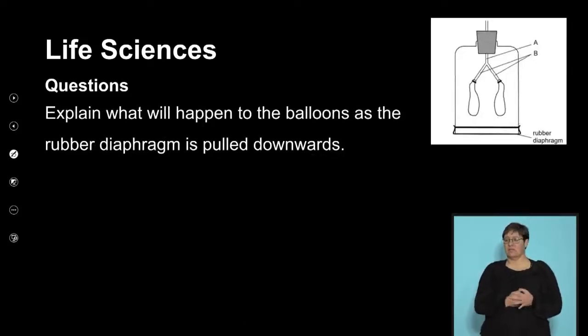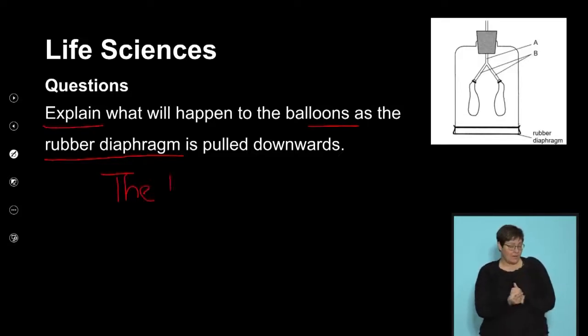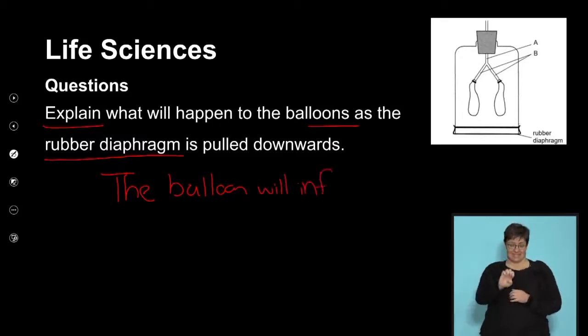Now it says to you, explain what will happen to the balloons as the diaphragm is pulled downwards. Now, it just wants one single thing. So what will happen is when the diaphragm pulls downwards, it says explain. What will happen? The balloons will inflate. And why will they inflate?